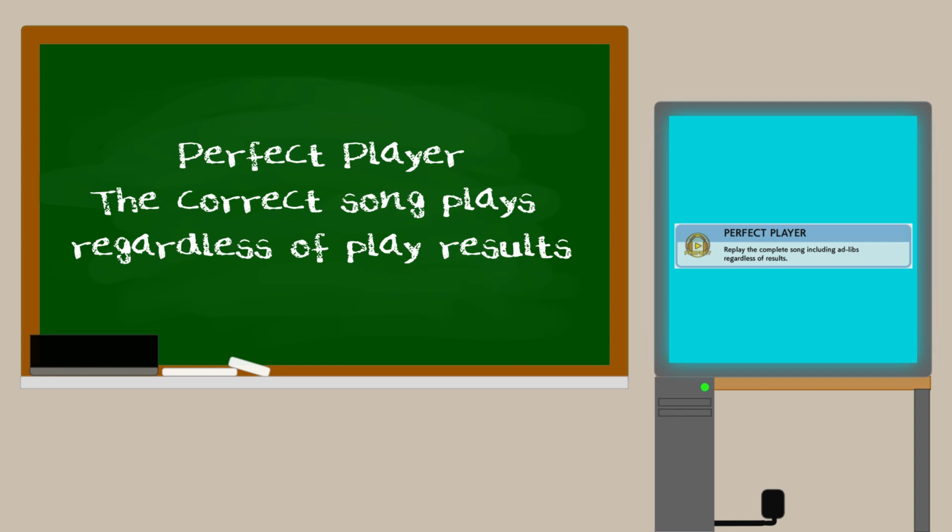But with the perfect player item active, that doesn't happen. It plays the song correctly and even gives you an audio cue for when ad-libs are supposed to be hit. So it's like a somewhat less useful version of the visible item as well. Or more useful if you'd rather go off of audio cues instead of visual ones.